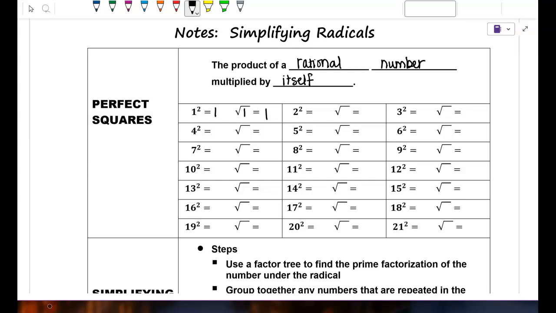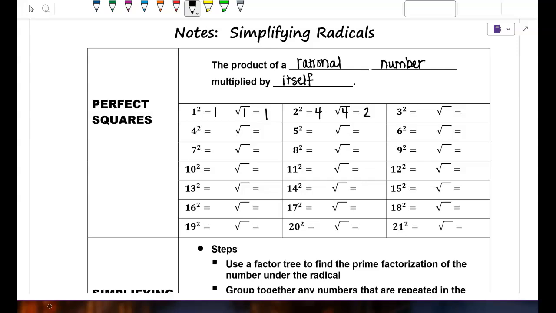Lavana, what is 2 squared? So the square root of 4 would equal 2. Square root is asking what number times itself makes this. When we're doing the square root, we're undoing the square.